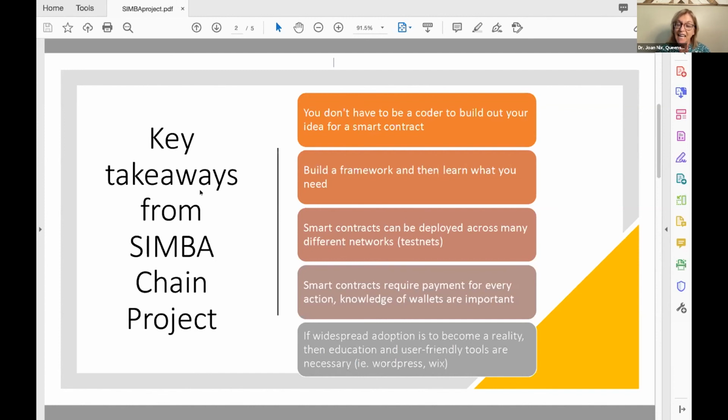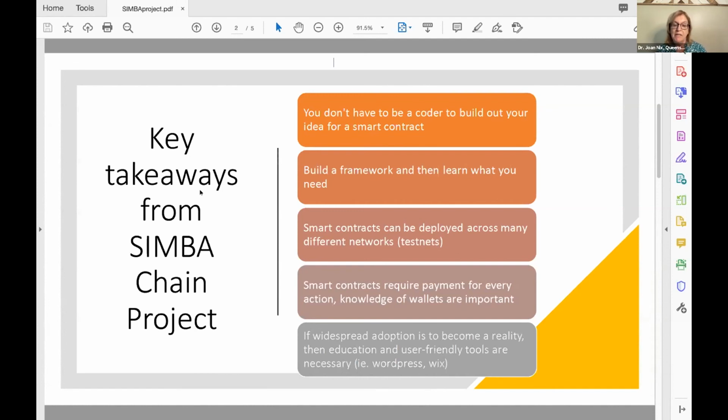This also led to the grassroots movement to get the blockchain club on campus: if we're going to have widespread adoption, we have to have education institutions step in, and we also have to have user-friendly tools.